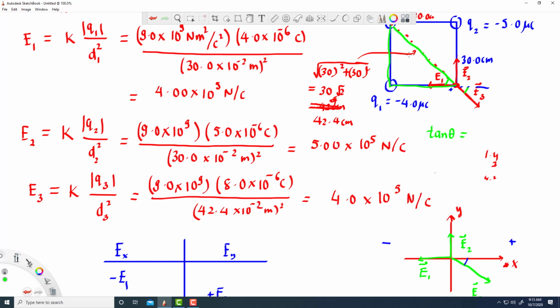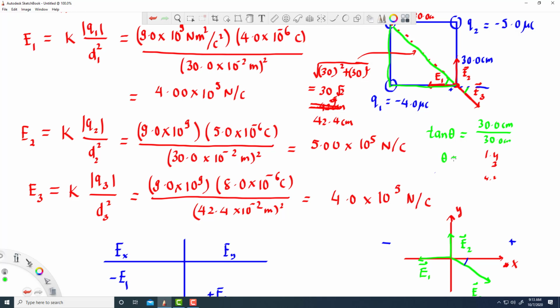Tan theta is opposite, which is 30 centimeters, over adjacent, which is also 30 centimeters.